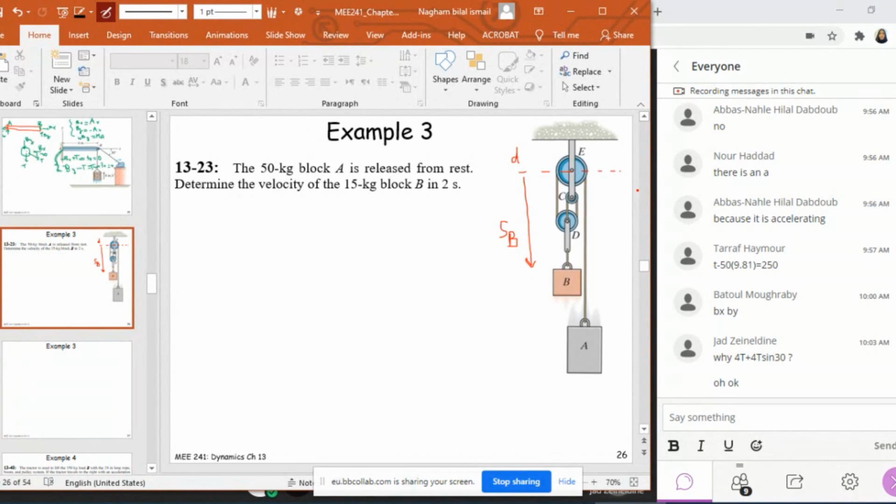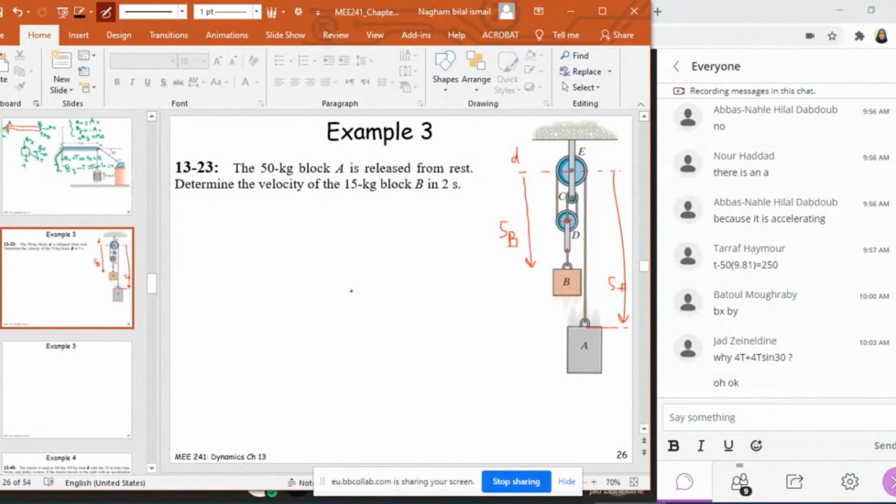Now, guys, you can take SB to this point right here, because the distance from this point to this point is always constant, okay? This is a beam, it's not a rope. And I'm gonna assume that this is SA from this datum to this level.